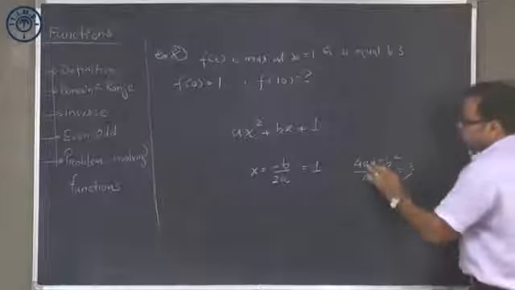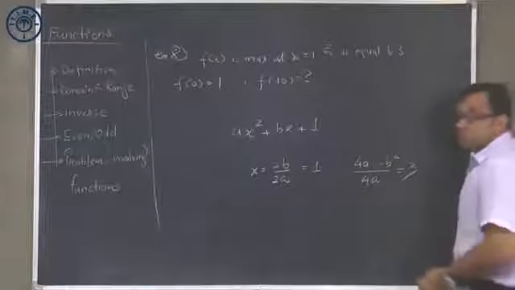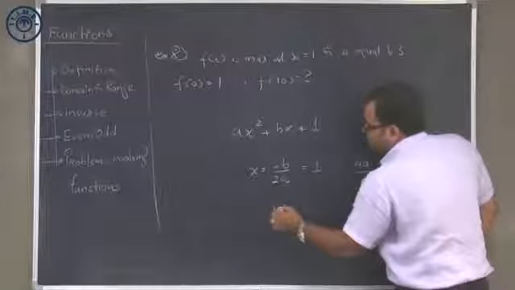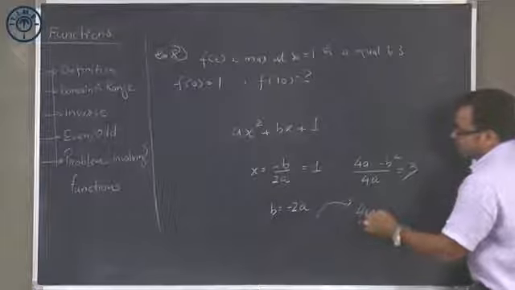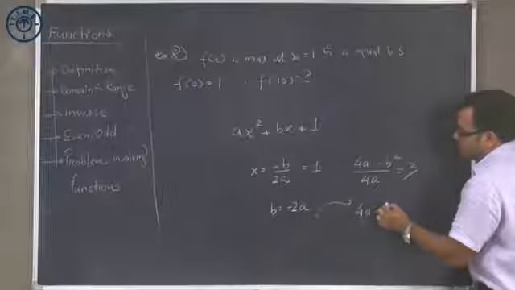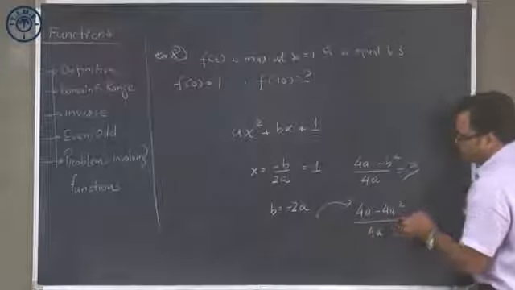Now c is equal to 1, so c will disappear from here. I have got two equations in the form of a and b. So from here b is equal to minus 2a. Substituting that here, I will get 4a minus 4a square upon 4a is equal to 3.